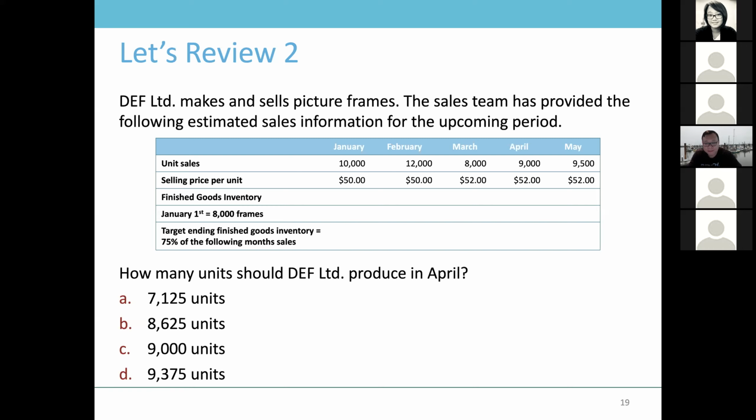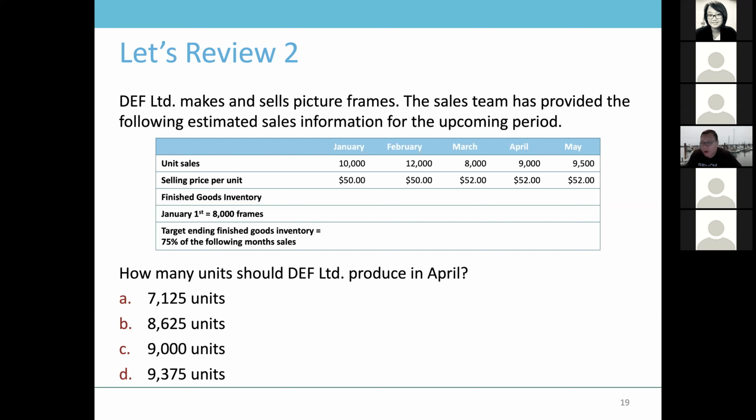Then to find the ending finished goods units for April, I multiplied 9,500 for May times 75%. Then I just added them together, then subtracted it. Yeah, very good. Thank you.